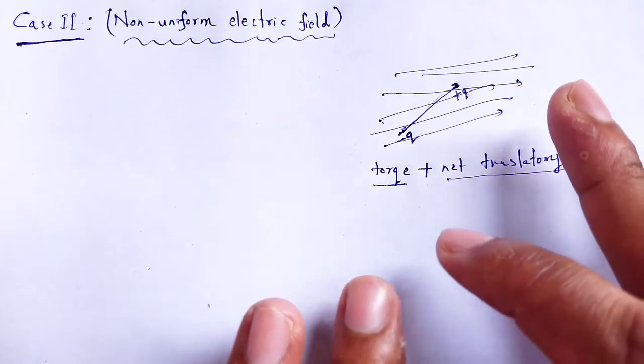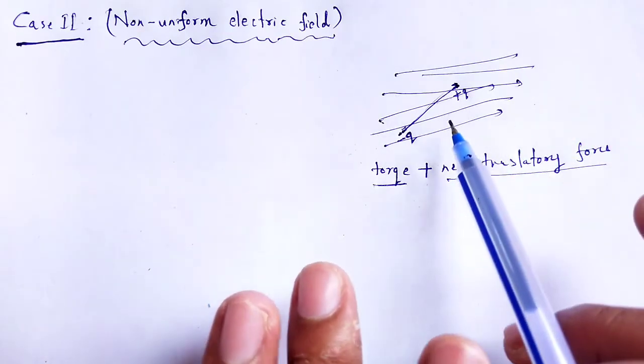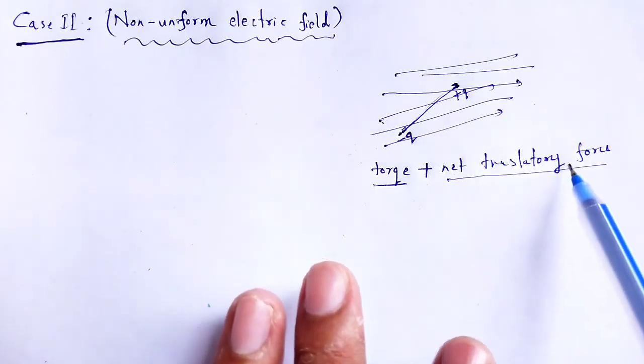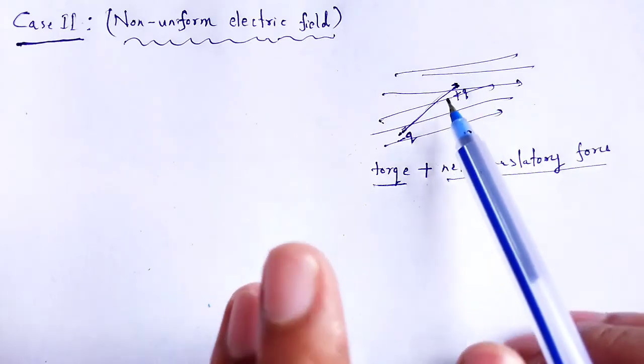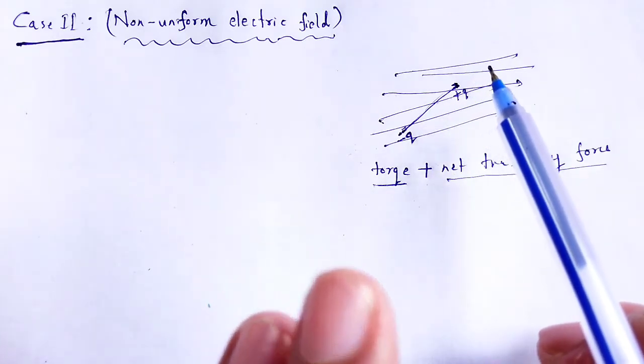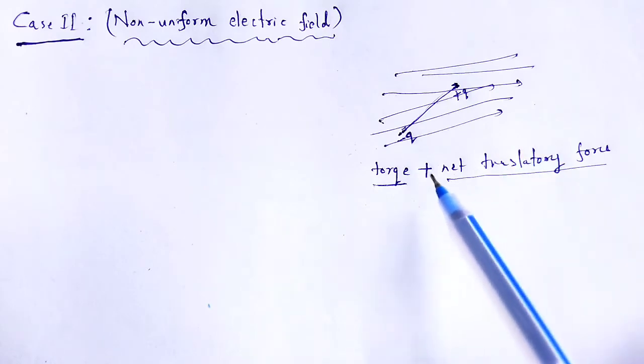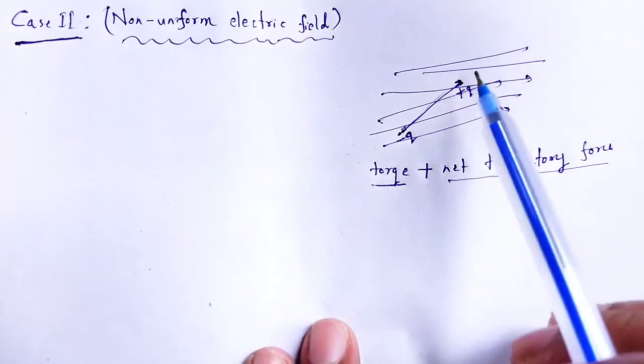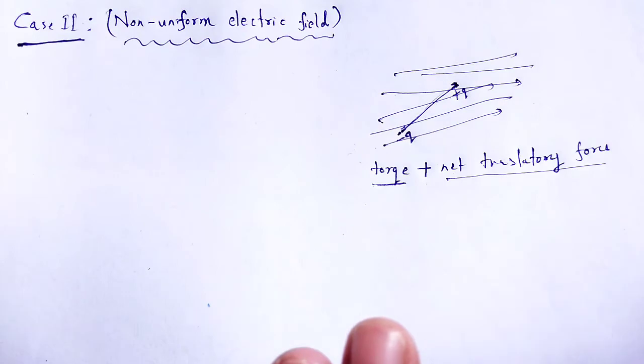Let us derive the general expression for the net translatory force on the dipole. For this purpose, we have to consider the variation of electric field components.